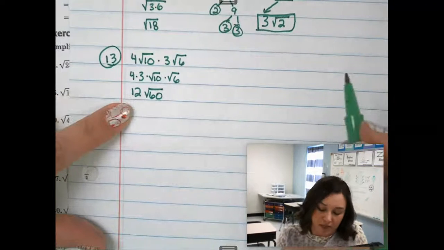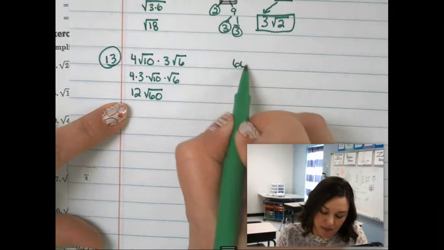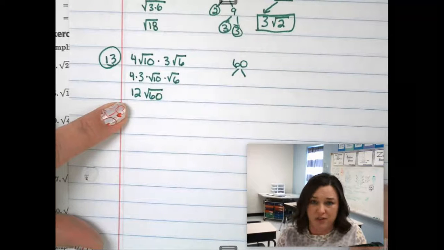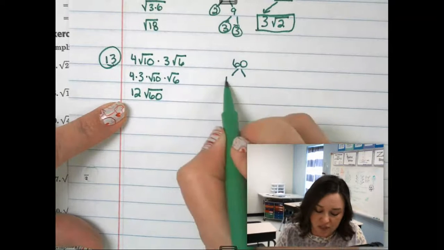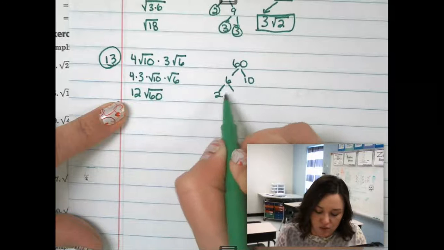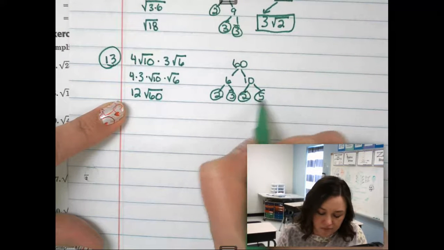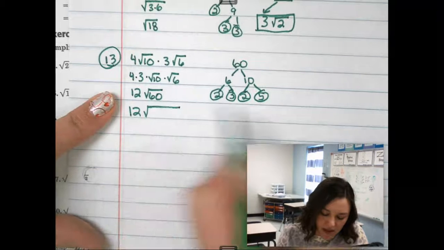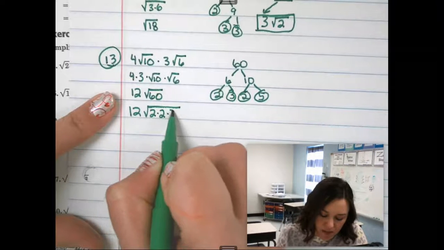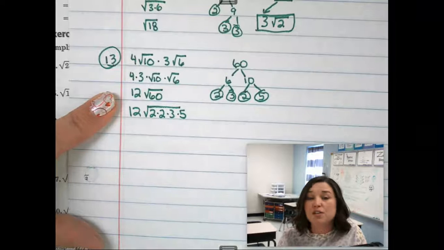Then I've got to try to break that down. So the 60 is what I'm worried about looking to see, is there a perfect square that will go into it? So 6 and 10, 2 and 3, 2 and 5. So I rewrite this as 2 times 2 times 3 times 5. Now we're looking for perfect squares.